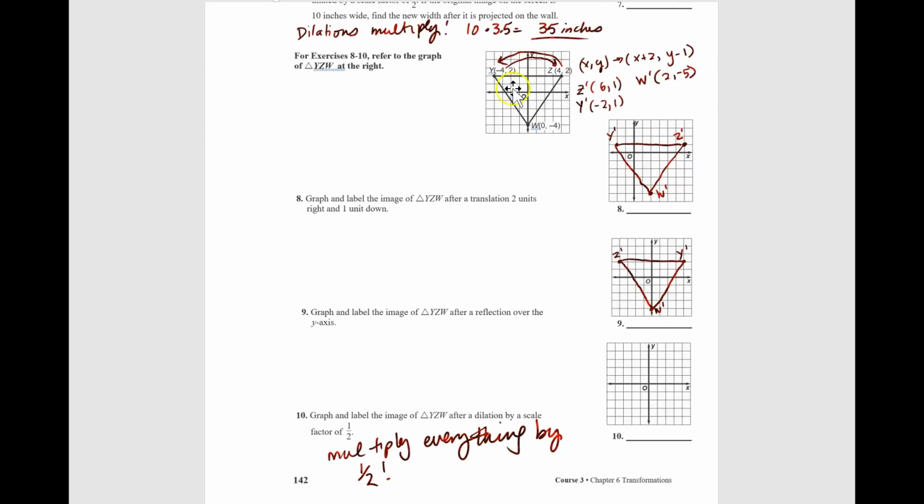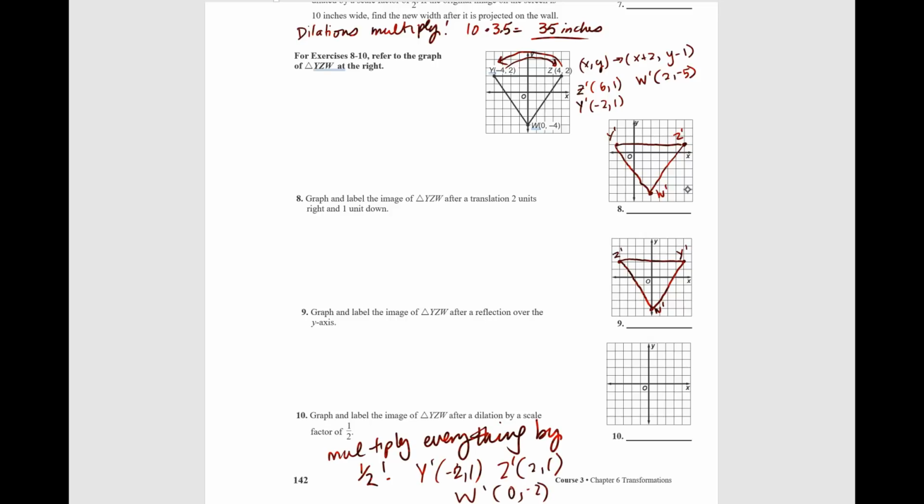Y becomes Y prime. Take 1/2 of that. It's multiplied by 1/2, y'all. Becomes negative 2, 1. Z prime now becomes, take 1/2 of that, 2, 1. 1/2 of each. And then W prime now becomes 0, negative 2.